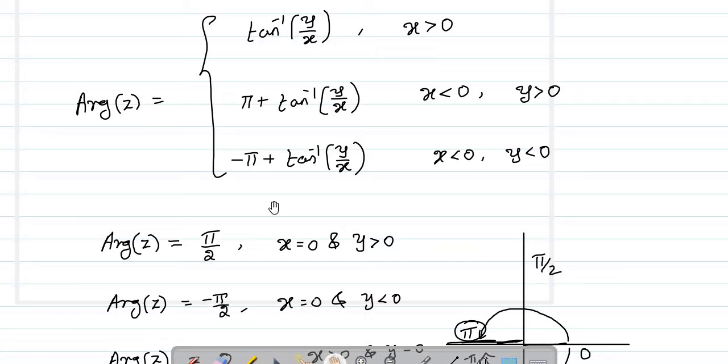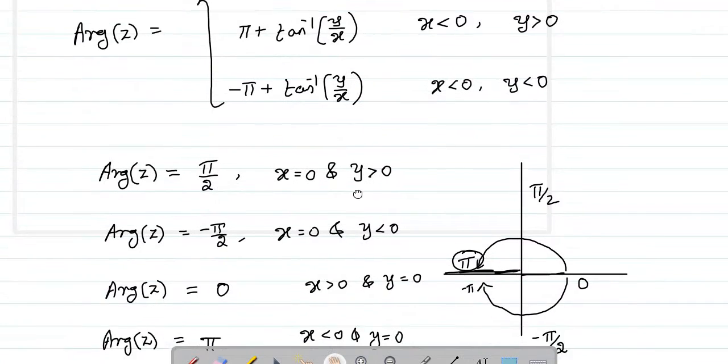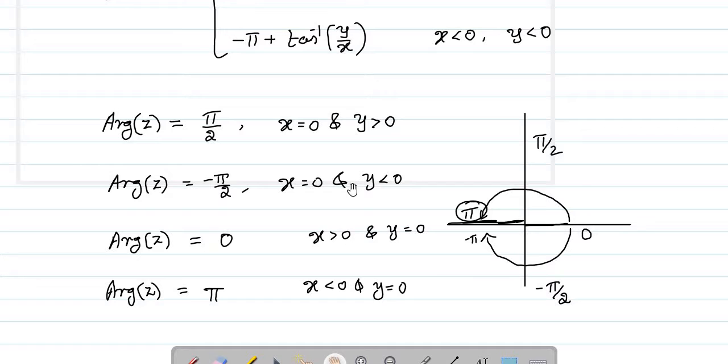When x is negative and y is positive, we'll add pi to it. And when x is negative and y is also negative, we'll subtract pi, so minus pi plus tan inverse of y by x. This formula will help you find principal arguments. We also observed what the principal arguments are when you are on the imaginary axis or on the real positive or negative axis.